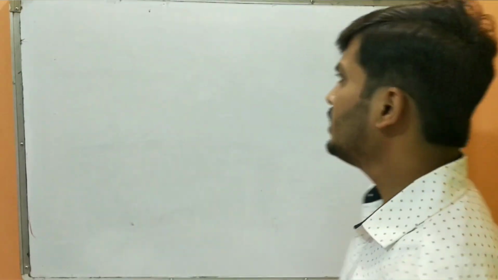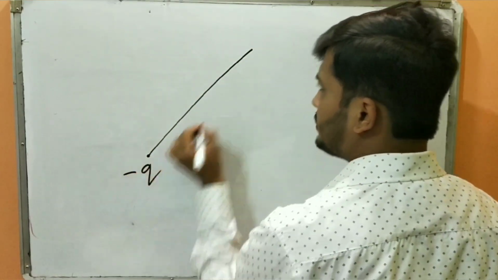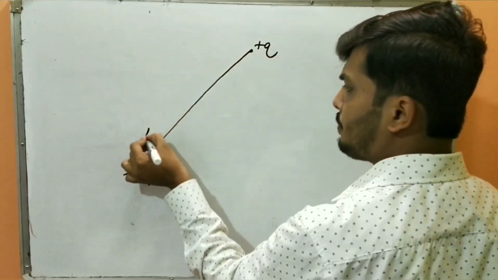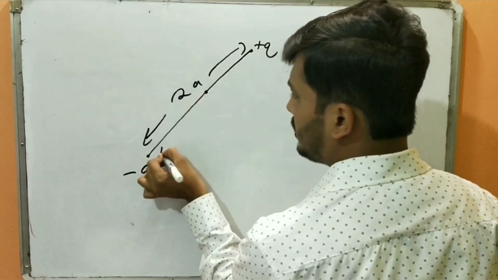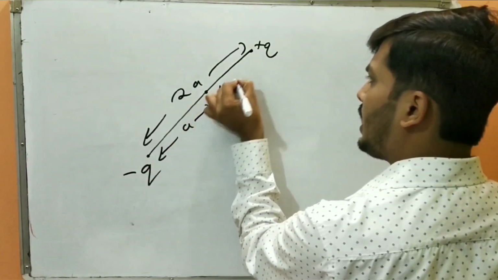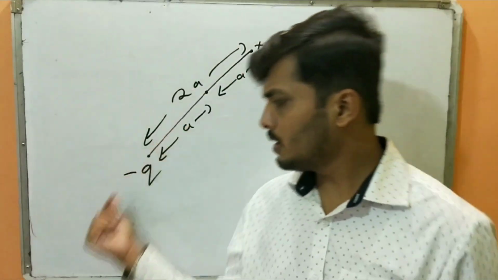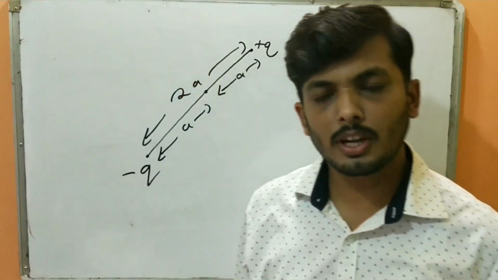Now students, see and understand, I have a dipole. Again the same thing, minus q and plus q separated by a distance of 2a. Let this be the dipole center, so that this distance will be a and this distance will be a. We have already found the electric field along the axial line and also perpendicular, that is equatorial.